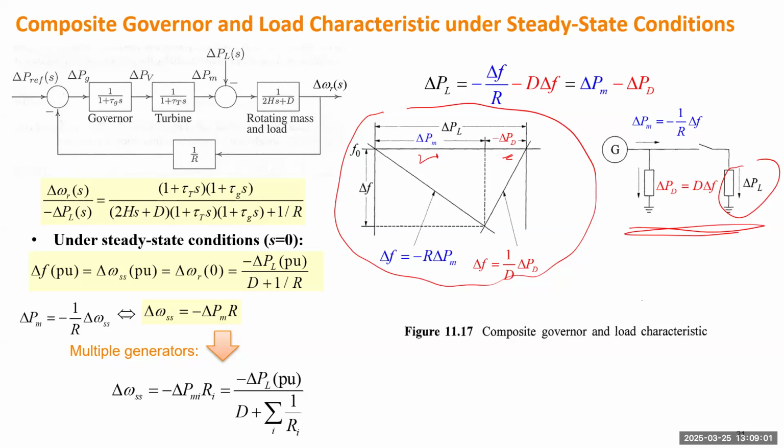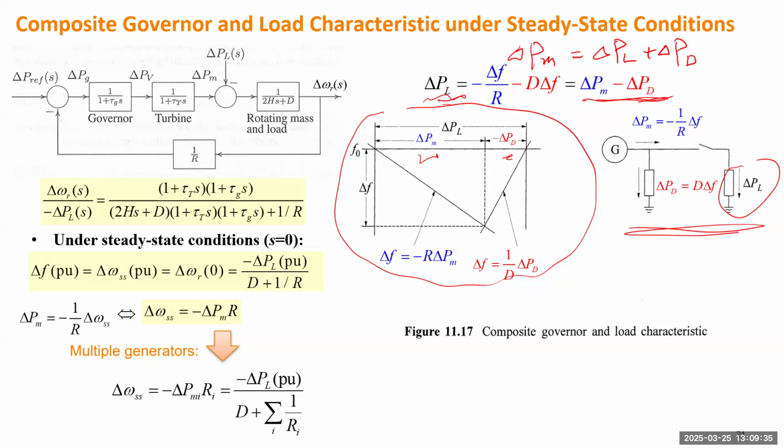This actually tells a very simple law, which is basically about power balance. The total change of the load will depend on the change in the mechanical power and also the change in the frequency-sensitive load. Definitely, you can rewrite this formula to put delta PM on the left-hand side, and on the right-hand side will be delta PL plus delta PD.